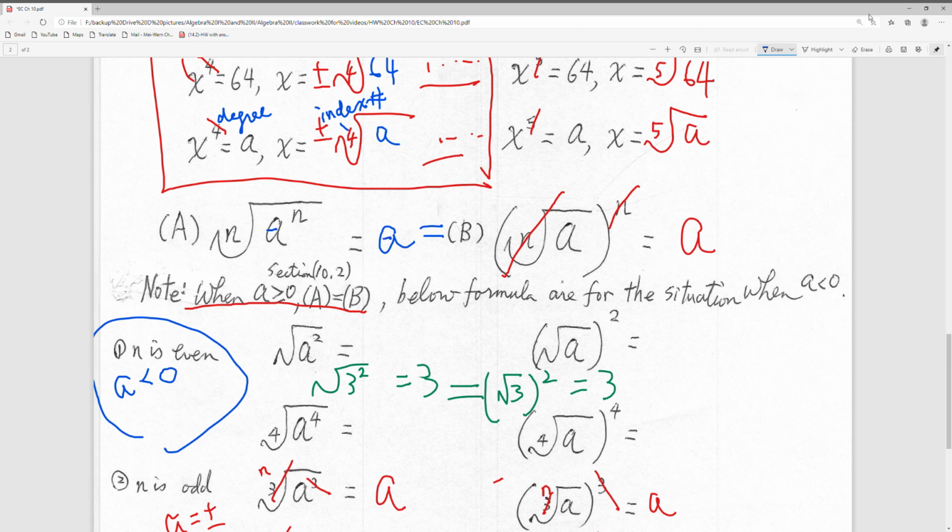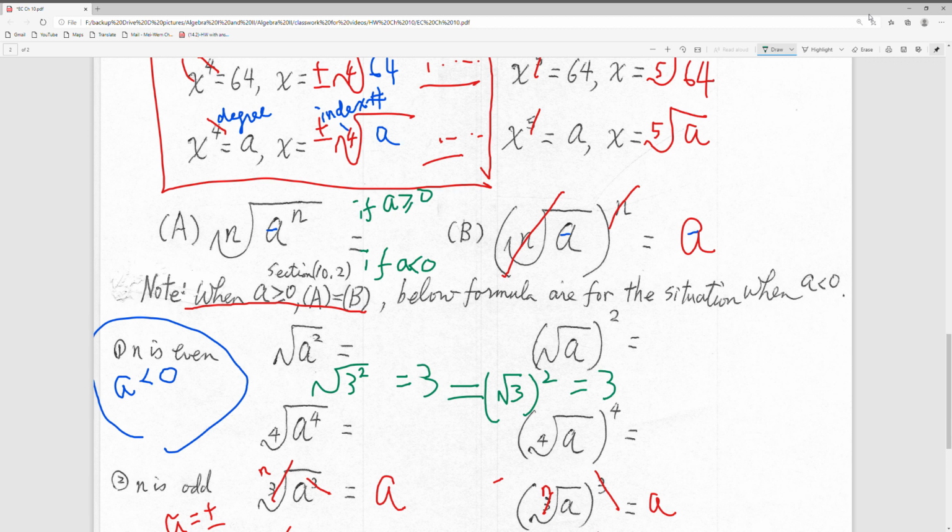When A is negative, well, it depends on even or odd. So I cannot just put the absolute value because there are two possible answers: if A is positive or if A is negative. If A is 0, everything is 0, you don't need to worry about positive or negative.